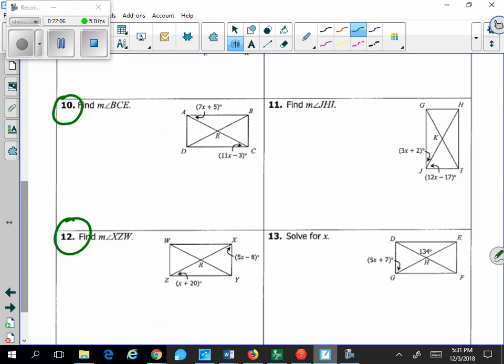And then in addition to that, I want you to do some review on this stuff and some review on the quadrilateral or the parallelogram stuff. So I want you on page 5 and 6 do all the evens.